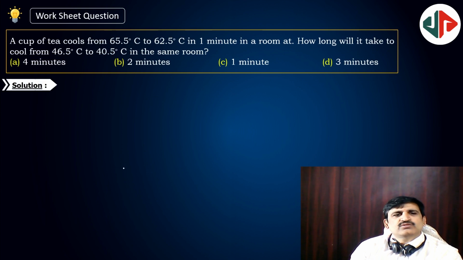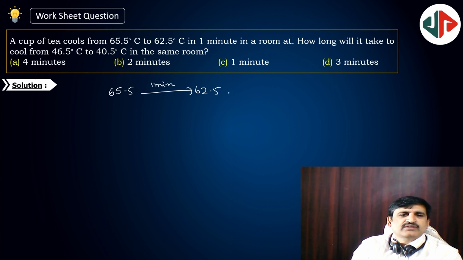A cup of tea cools from 65.5 to 62.5 in 1 minute at the room temperature. How long will it take to cool from 46.5 to 40.5 in the same room?